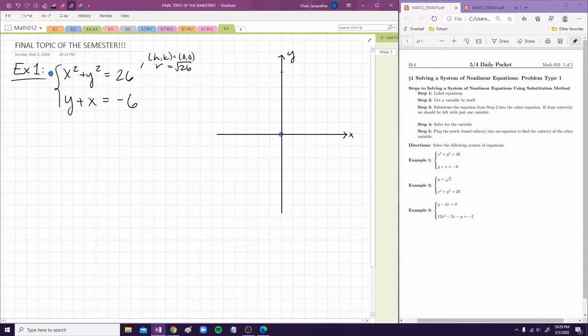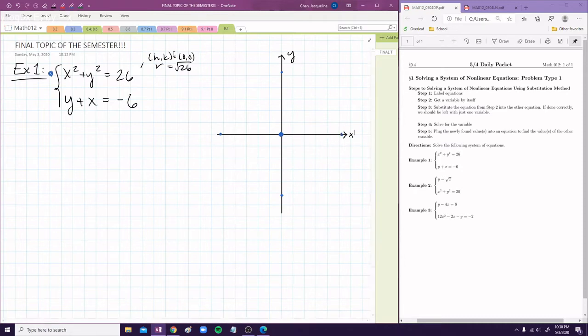First you're supposed to graph the center, and then you go left, right, top, bottom by the square root of 26. So let's do that. I did the top, and then 1, 2, 3, 4, 5. So it's about right here. 1, 2, 3, 4, 5, about right here, and then 1, 2, 3, 4. So let's say about right there.